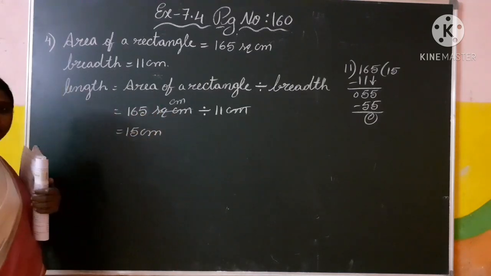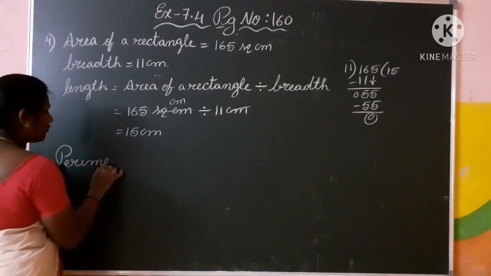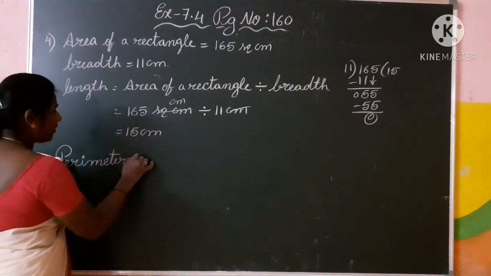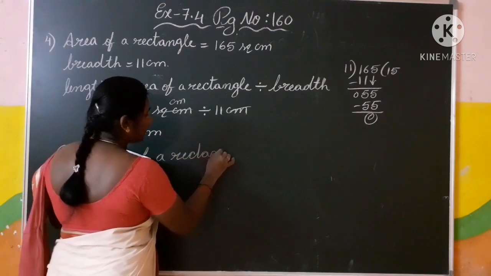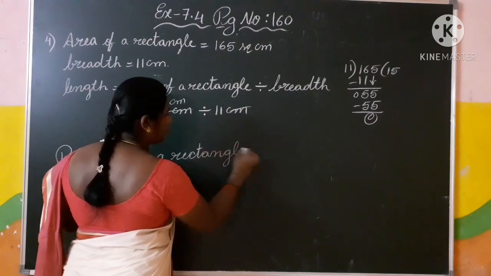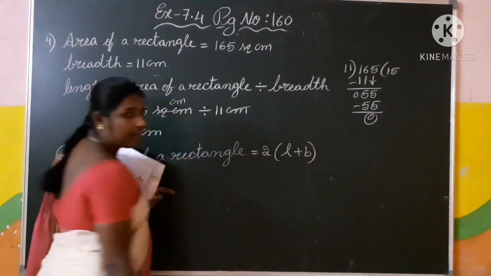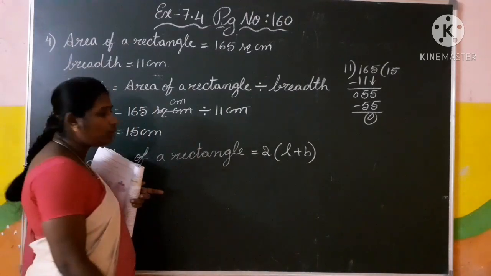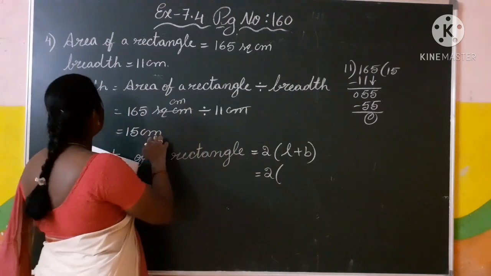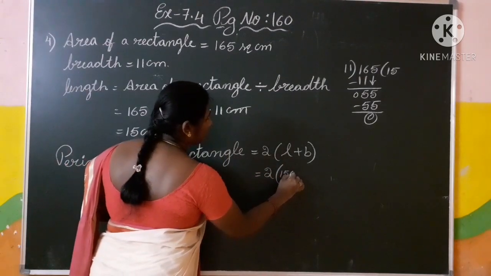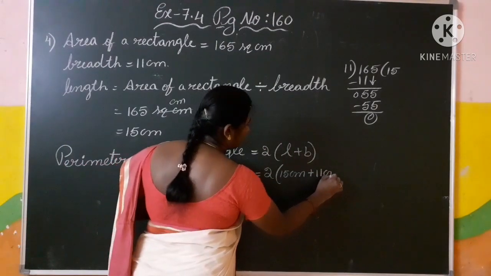We know length and breadth. We have to find the perimeter of a rectangle. What is the perimeter of a rectangle formula? Yes, perimeter of a rectangle is equal to 2 into L plus B. So 2 into length, 15 centimeter, plus breadth, 11 centimeter.